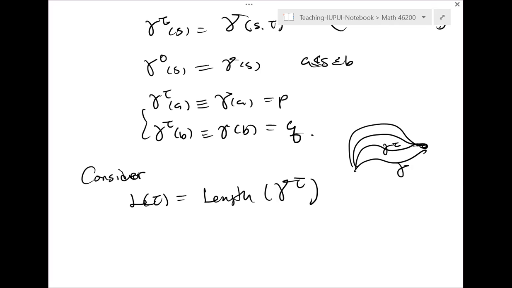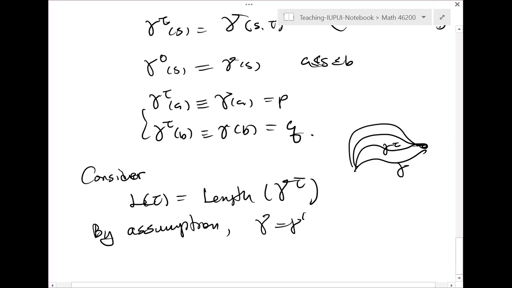So it's gamma S, and so this is a function, and under our assumption, by assumption, gamma, which is gamma here, has the shortest length.